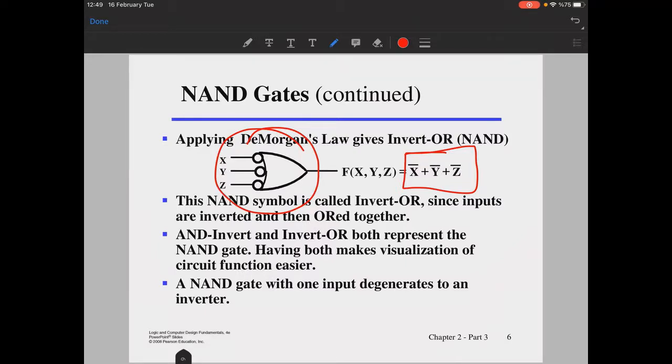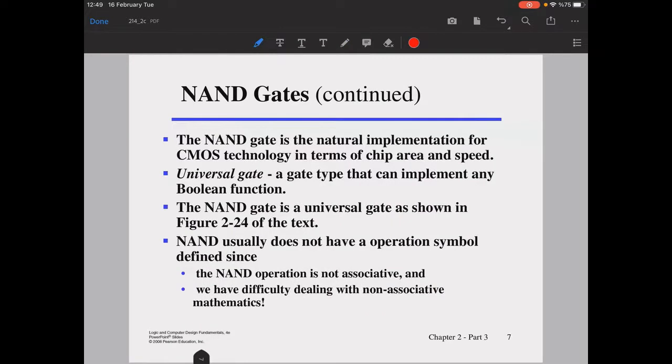And an AND gate with one input degenerates to an inverter. I mean, if you have an AND gate like this, and you connect a single input to it, what you get here will be the invert of that input. They're called universal gates because you can implement any Boolean function just by using NAND gates.